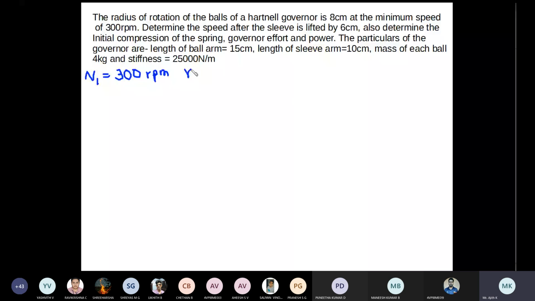Convert into meter: 8 centimeter means 0.08 meter. The first sentence is over. Determine the speed after the sleeve is lifted by 6 centimeter.